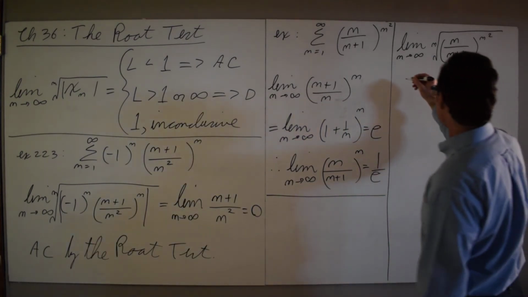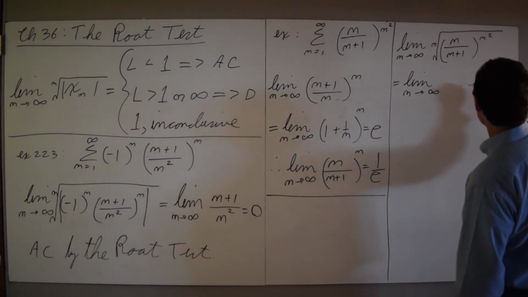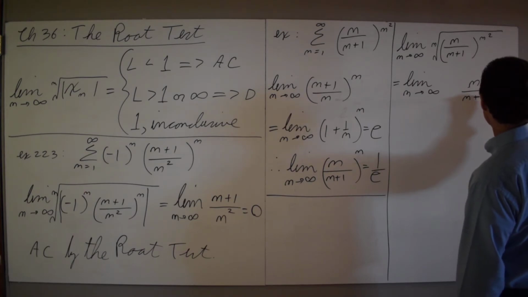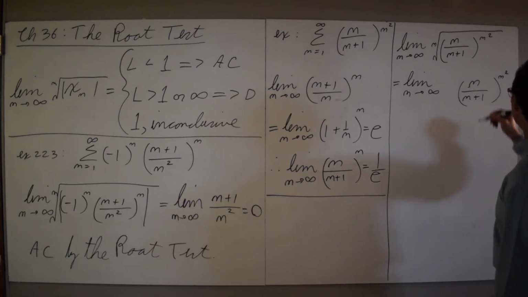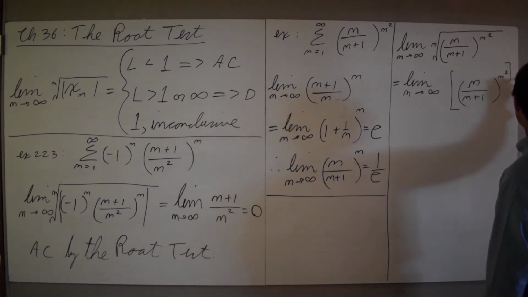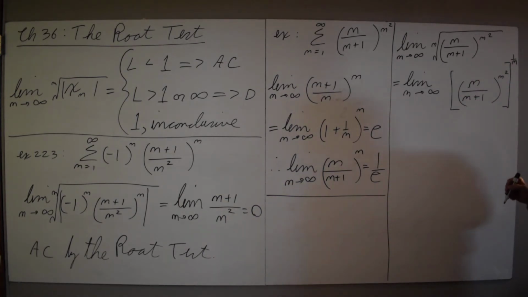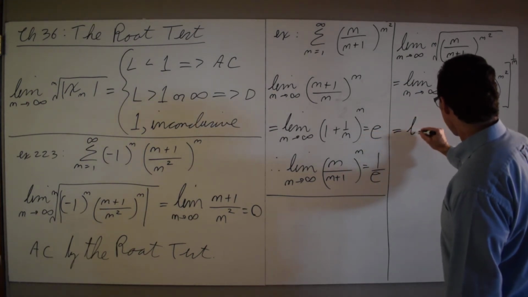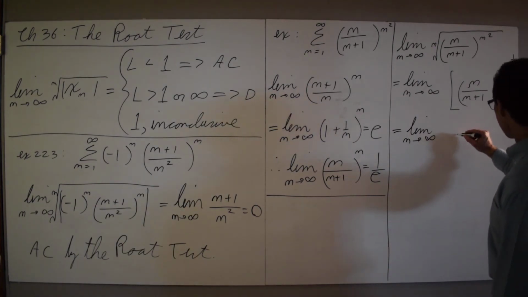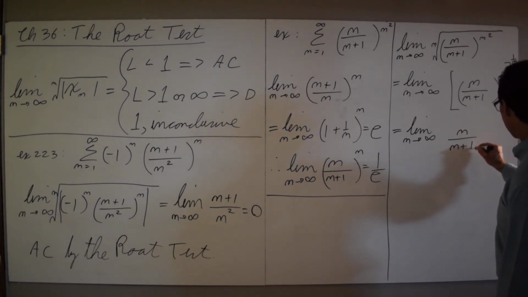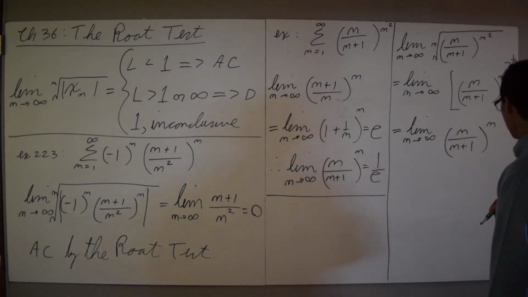Now, let's rewrite this. When we take the nth root, that is the same as the 1 over n power. Then from our properties of exponents, we can write this as n divided by n plus 1 to the nth power.